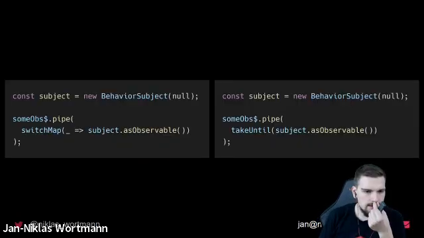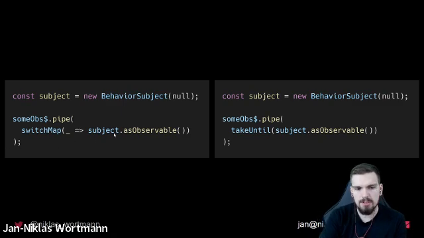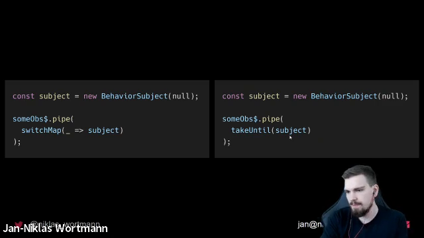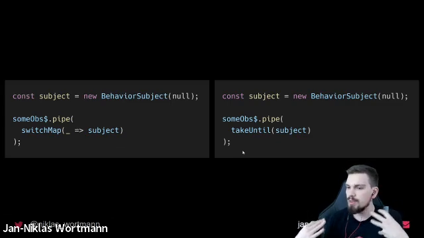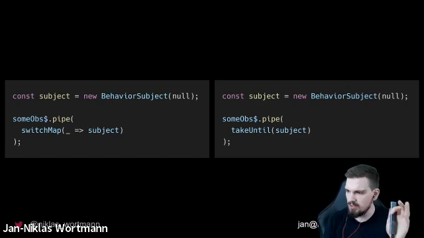So if this is the case, we could actually write the code that we have here, where, for example, in the switchMap statement, we pass a subject instance, or also in the takeUntil, just pass a subject instance. We could write it the same without the observable and just pass a subject in there, and it will still return an observable. That's what the typings are saying, at least. And I promise you, this is working.